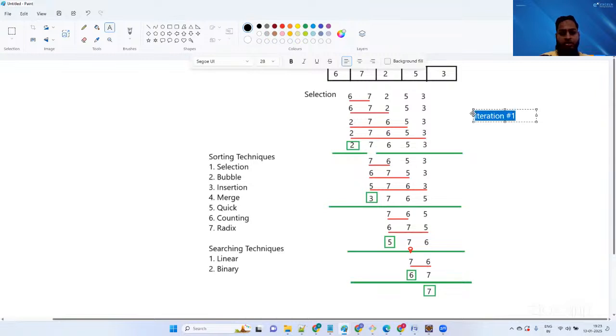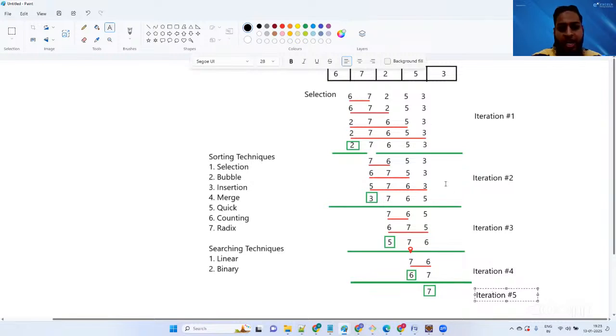And this is iteration number 2. Iteration number 3. Iteration number 4. And iteration number 5. So the size of the array, those many iterations. So whatever was in the green is the iterations, and whatever is in the red is the comparison.